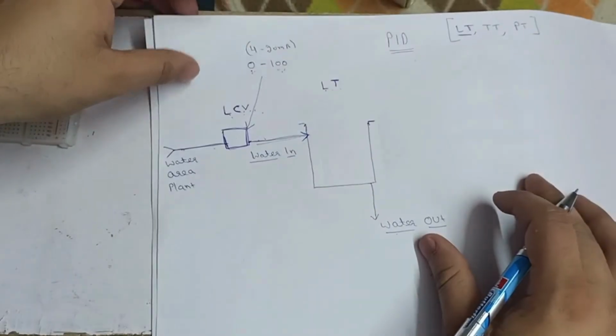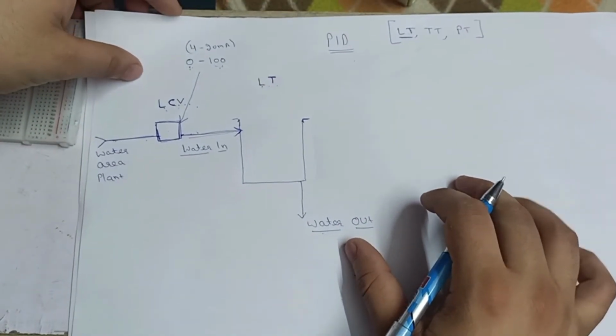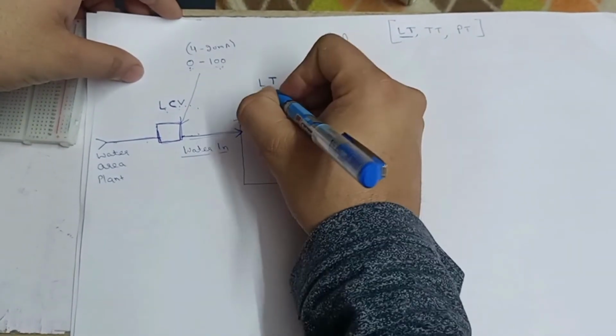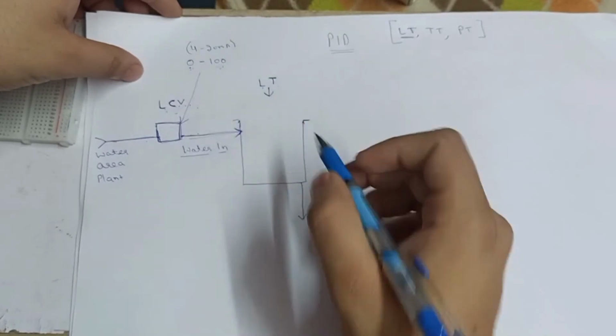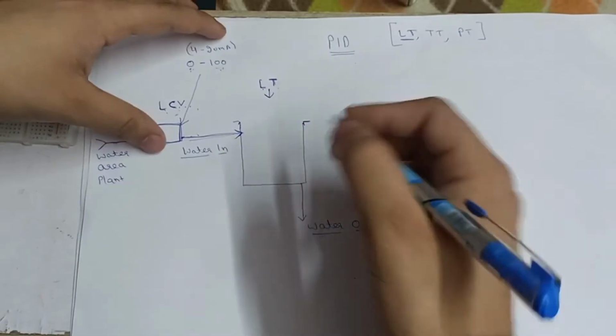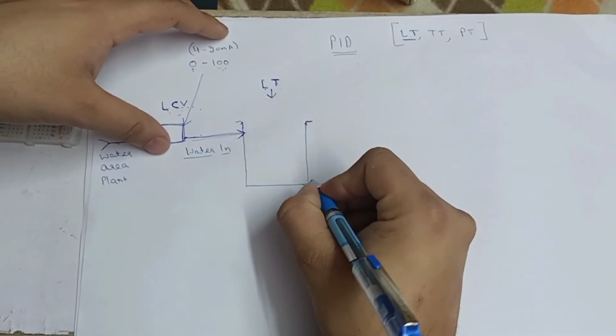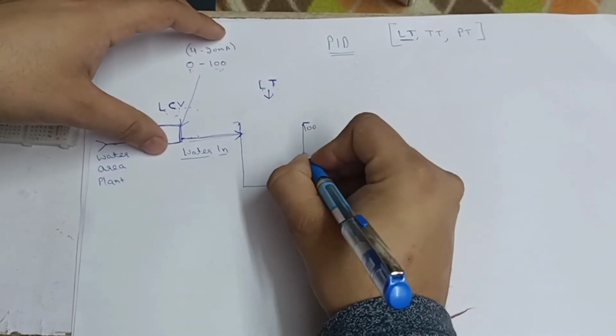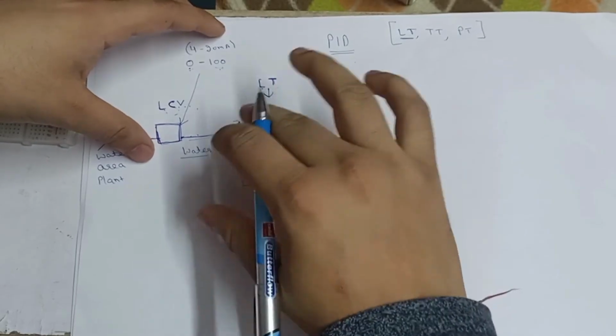Now let's come to the second one, this is LT. This is LT, this is LCV. This is the liquid transducer. This is our tank, with levels like 0 to 100 or 50. It's only a tank.